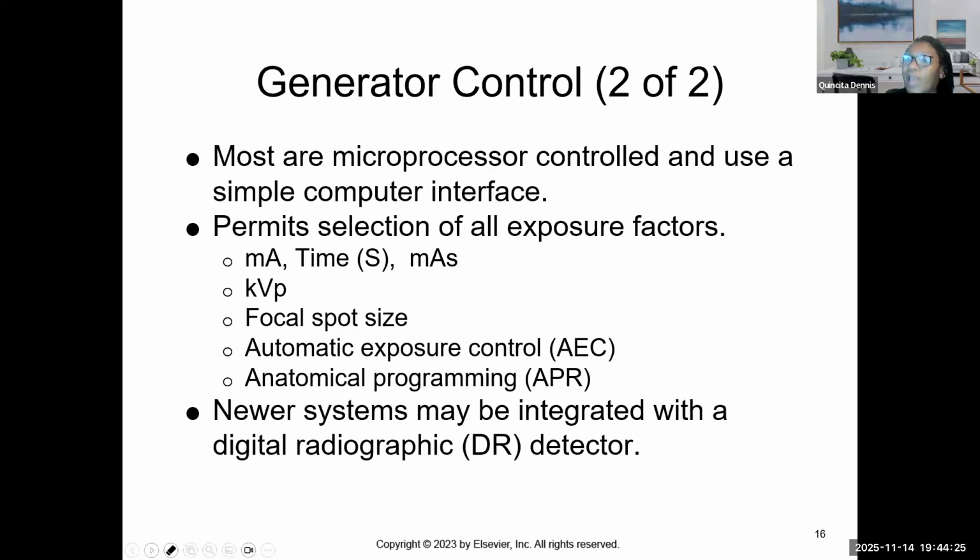So if you're looking at those number ranges in your book, look at what number it gives for the hand versus what number it gives for the chest. Chest is probably something like 110 to 125, whereas hand is probably 55 to 65. So I need a lot less power to penetrate my thin hand versus a thick chest. So it controls whether or not that beam is going to be strong enough to penetrate that part.